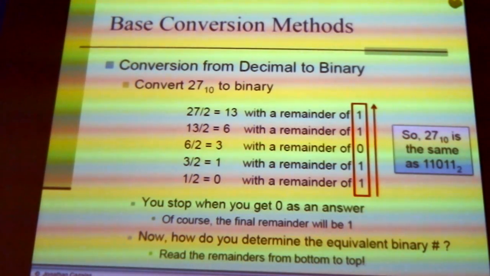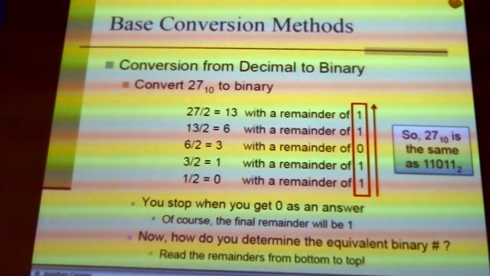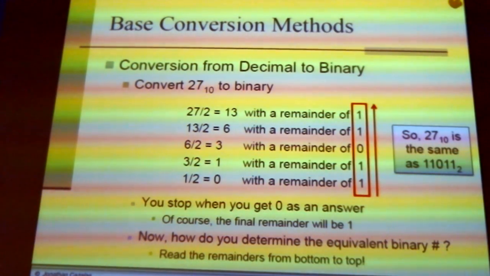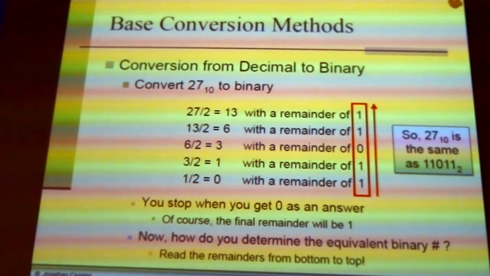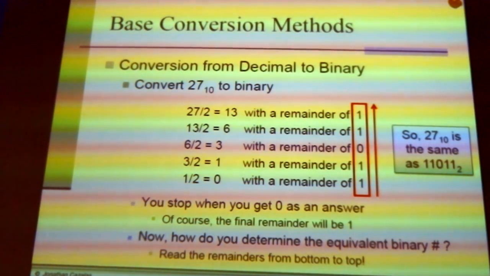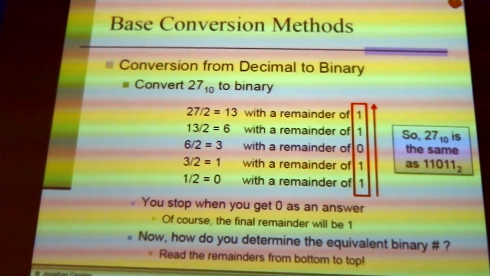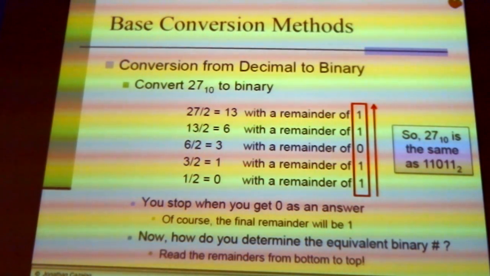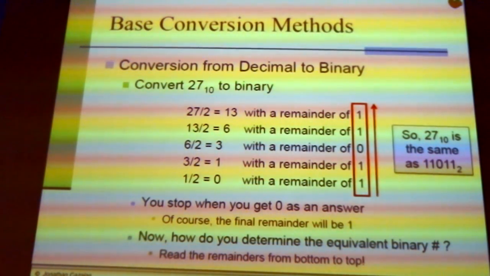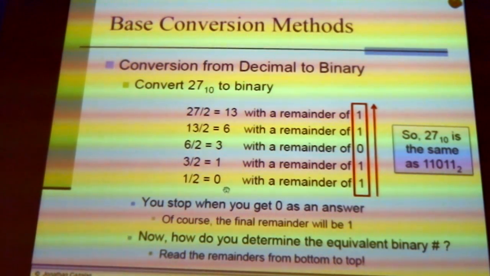Then 3 divided by 2 is 1, and it gives us a remainder of 1. And we finally get down to 1 divided by 2, which gives 0, with 1 left over. So when you stop and get 0 as an answer, that's when you stop dividing.